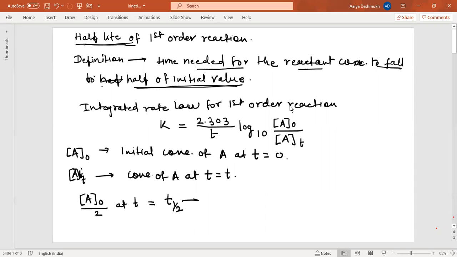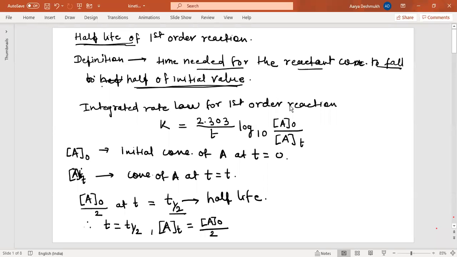So this t half is nothing but the half-life. Okay, I hope you understood this. Now, when you say t is equal to t half, then the concentration of A at time t will be equal to the initial concentration divided by two, isn't it?